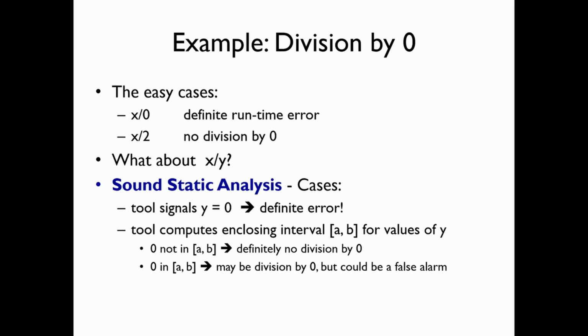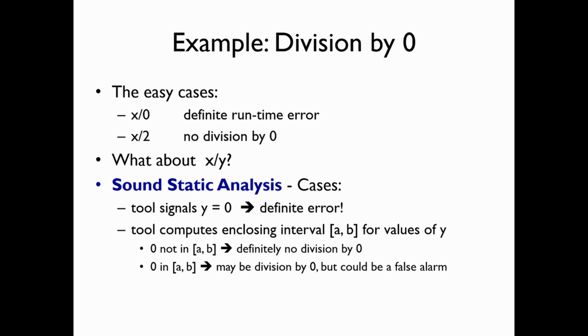How does this apply to our running example? A sound analysis could compute enclosing intervals for the values of all program variables. So the analysis may compute the very small interval only containing 0 at the program point just before the occurrence of the fraction x divided by y.